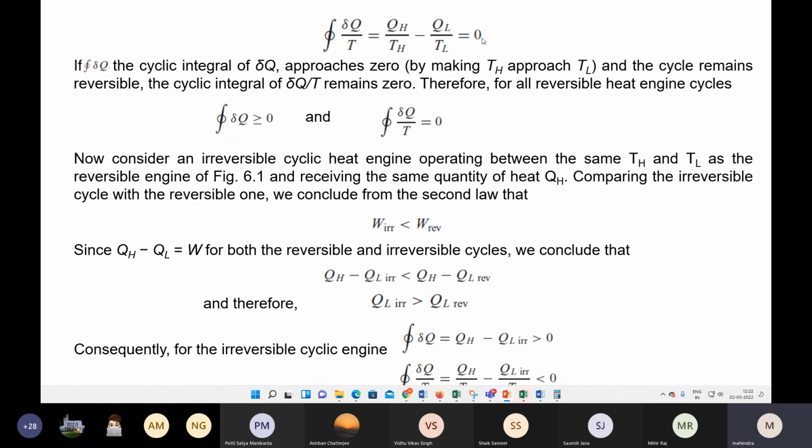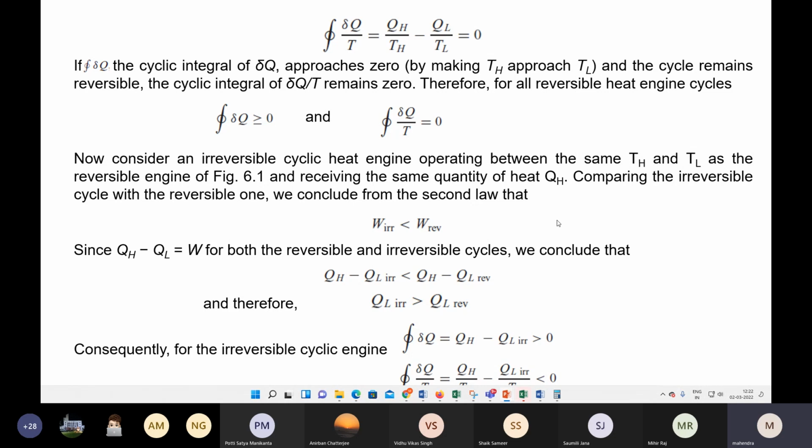Fine. So far, what we have proved: for any heat engine, dQ is greater than or equal to 0. For a reversible cycle, dQ by T equals 0.